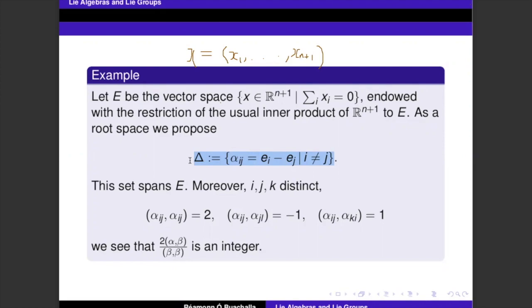Okay, so we have to check. We have to check that it actually spans the whole space. But this, I think we can see. Remember, it's not going to span R to the n plus 1. It spans all of those vectors such that their sum goes to zero. And well, if it's not immediately clear, think about it for a while. Look at some small examples, and you'll see that actually it does. You can always take linear combinations of these e_i minus e_j so that they will work.